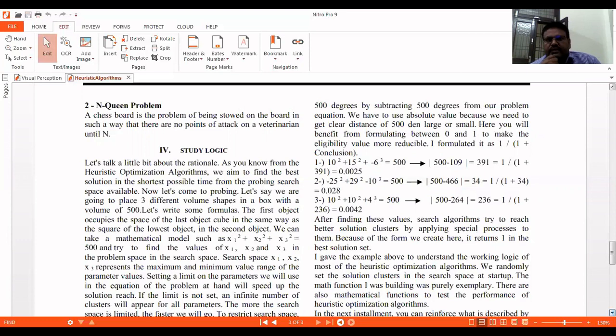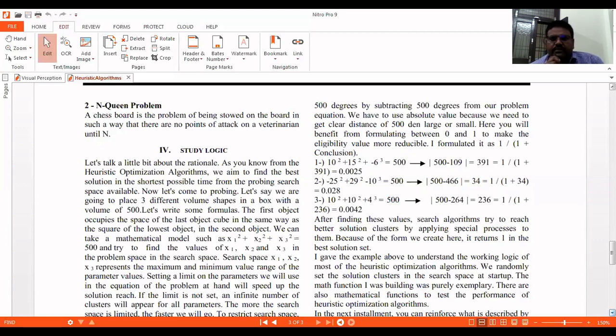In a similar way we can find the second solution's value, which is 0.028, and similarly the third, 0.0024. After finding these values, search algorithms try to reach better solution sets by applying special processes to them.